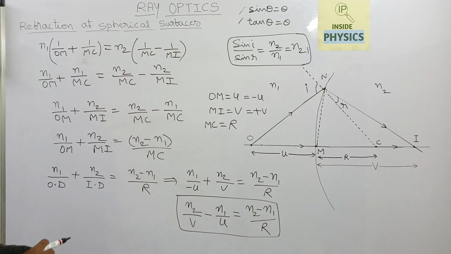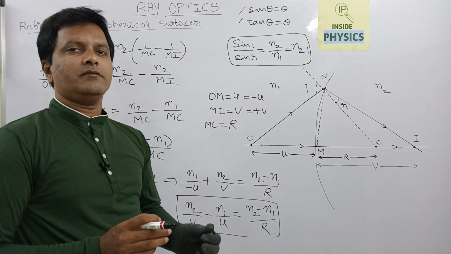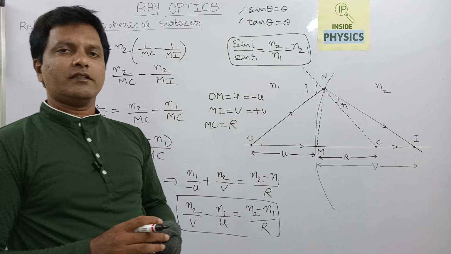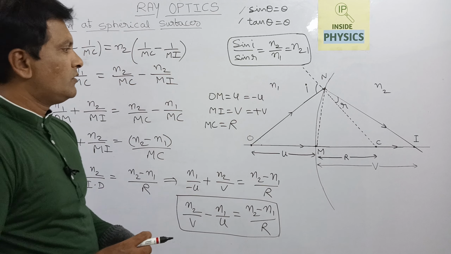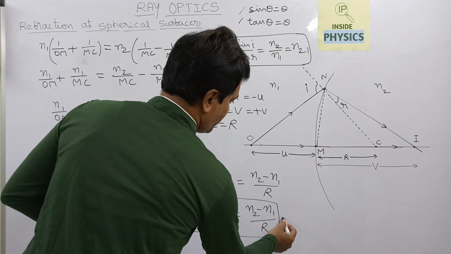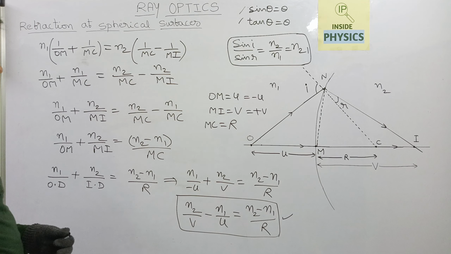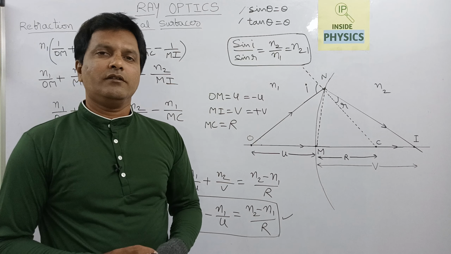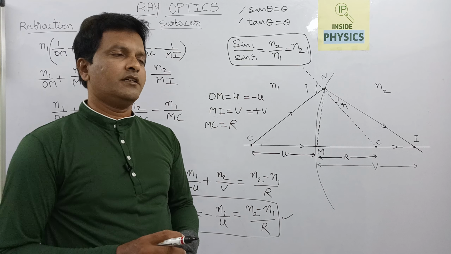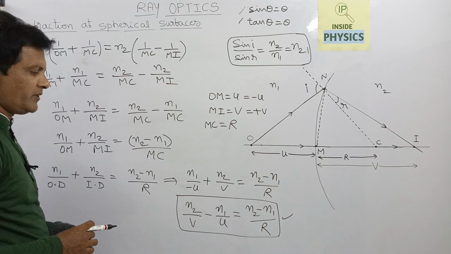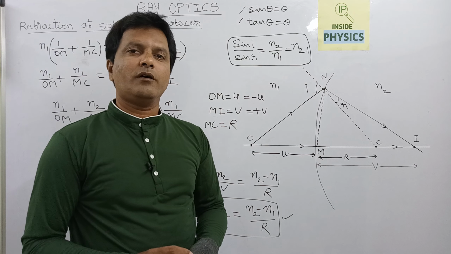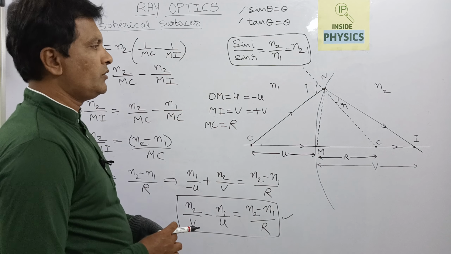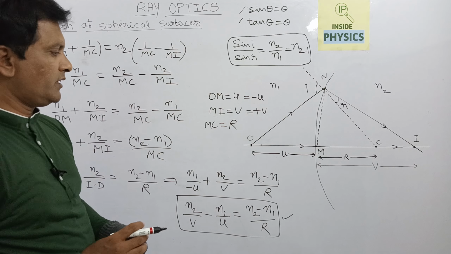So here what we have done is we have developed a theory to study the refraction at any curved or spherical surfaces. Okay. So with this we can also develop a formula for a lens which we are going to derive in the next class. So that relation is called lens maker formula, and a lens is a combination of two curved surfaces, okay, having two radii of curvature on both sides.